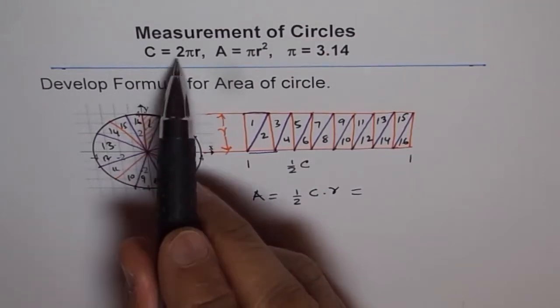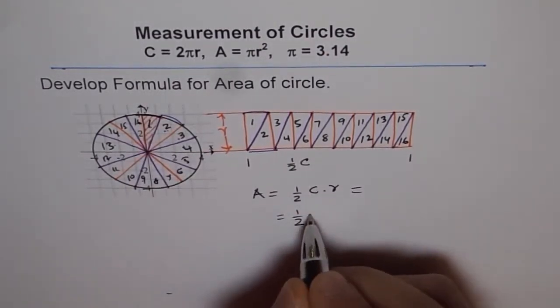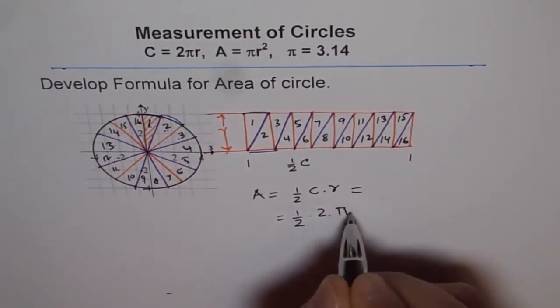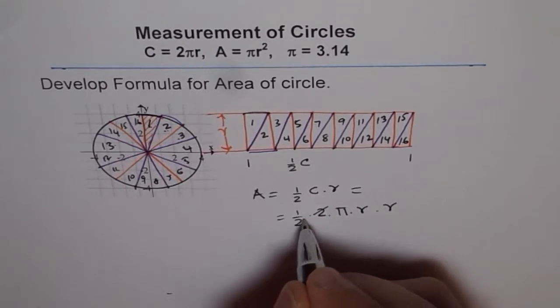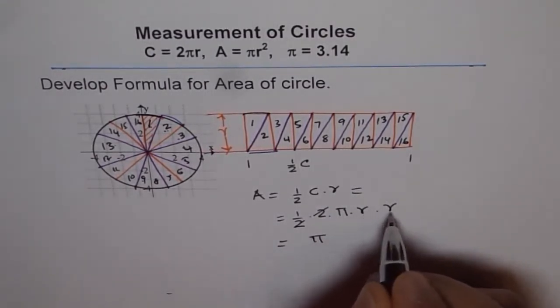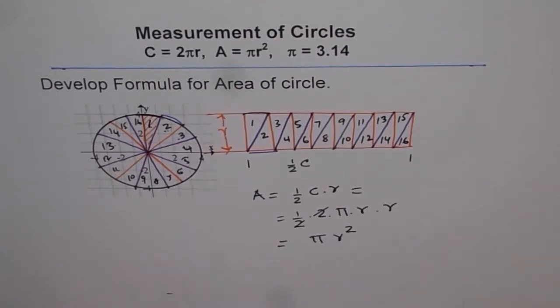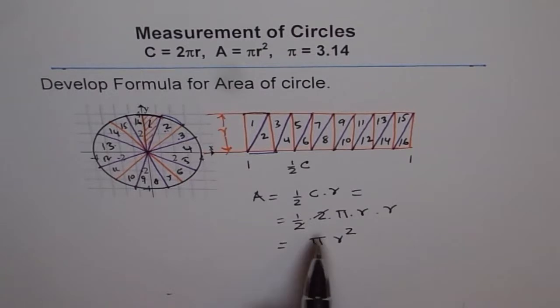Now circumference is 2 pi r. So we'll write this as half of 2 pi r times radius. 2 divided by 2 is 1. So I get pi r times r, which is r squared. Do you see that? So from here we develop the formula of area. Area is pi r squared.